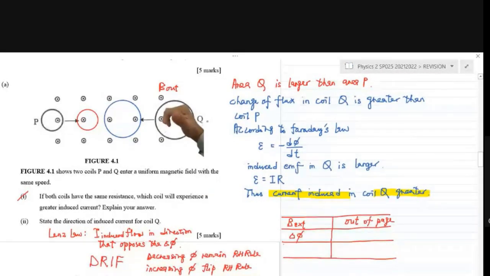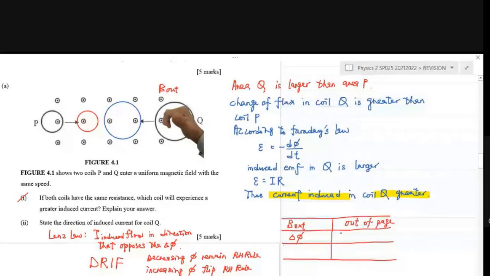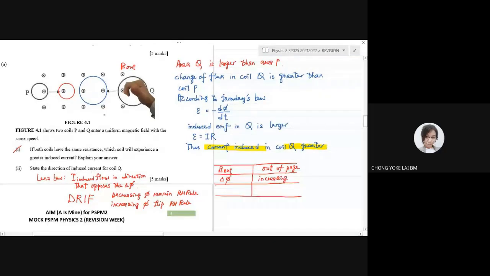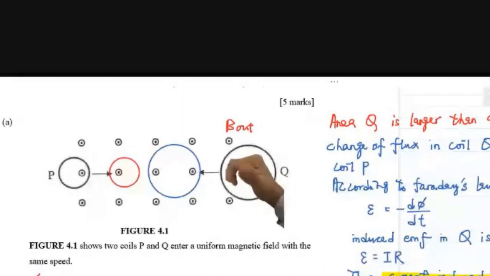So when the coil Q enters the uniform magnetic field, our flux is increasing. So what we need to do? Apa yang kita perlu buat untuk kita hasilkan current induced?